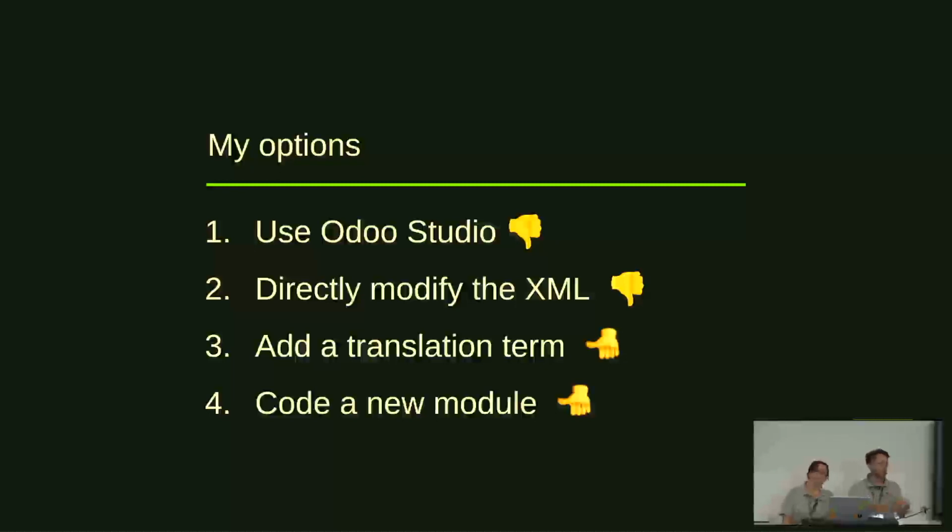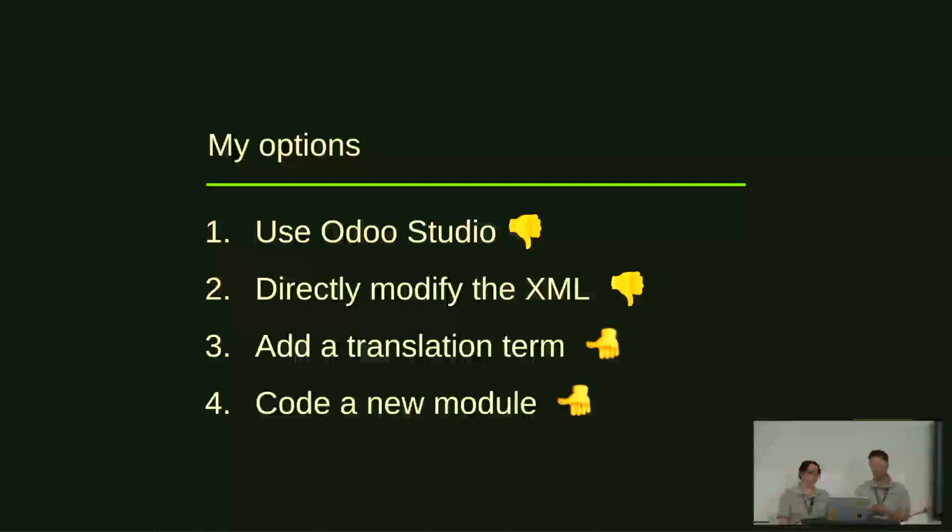We could add a translation term or a new translation, but it just addresses part of the need, and it's maybe overkill for just one term. Or you could ask a developer to do it for you with a new model, so with coding.